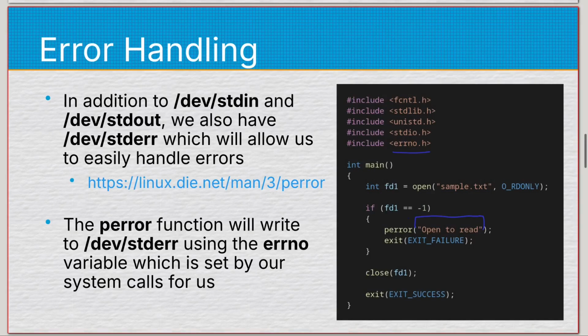So that error number is indicative of that. And perror is just a sane way of handling the error stream, along with returning whatever is indicated by the error number. You can find a lot of them in this man page, and then you'll also find a lot of them in whatever system call man page that you look at as well.